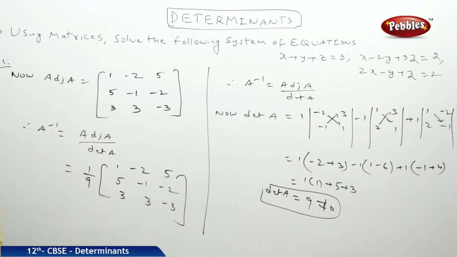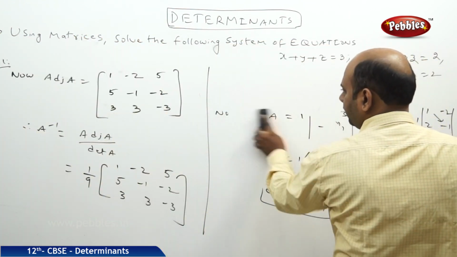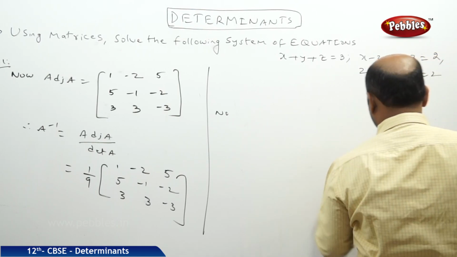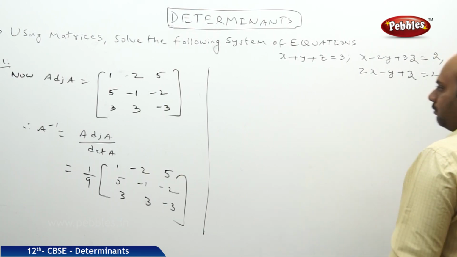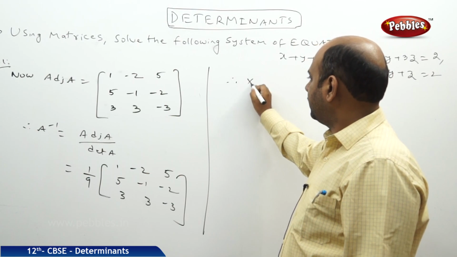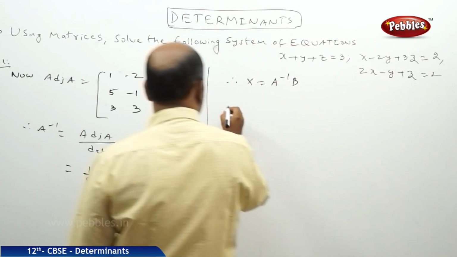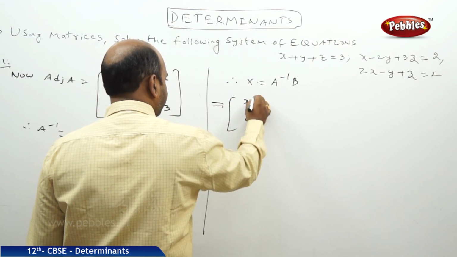Now after doing this, we want to find the values of capital X. Capital X refers to a column matrix where we have x y z. Therefore X is equal to A inverse into B. X means we need to write as x y z.